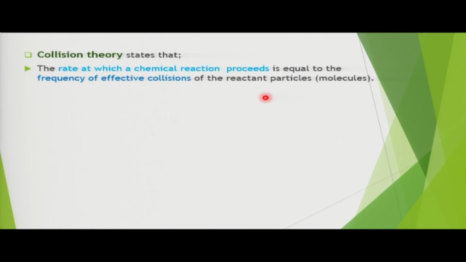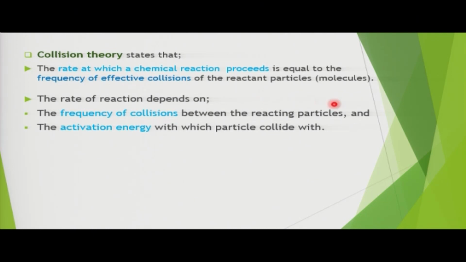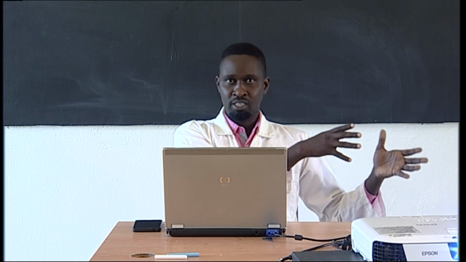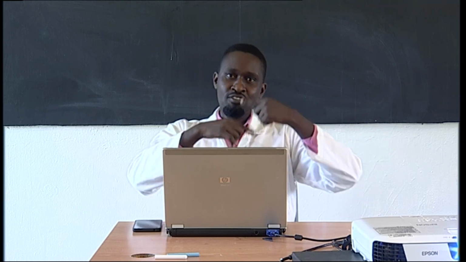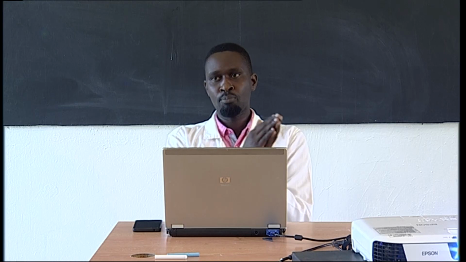So this takes us to exactly what the collision theory is. It states that the rate at which a chemical reaction proceeds is equal to the frequency of effective collisions. If you have very many effective collisions, then highly likely the reaction is going to occur, producing enough of the products.